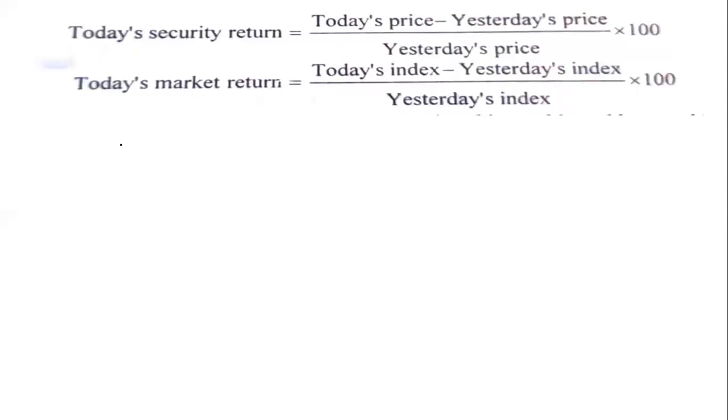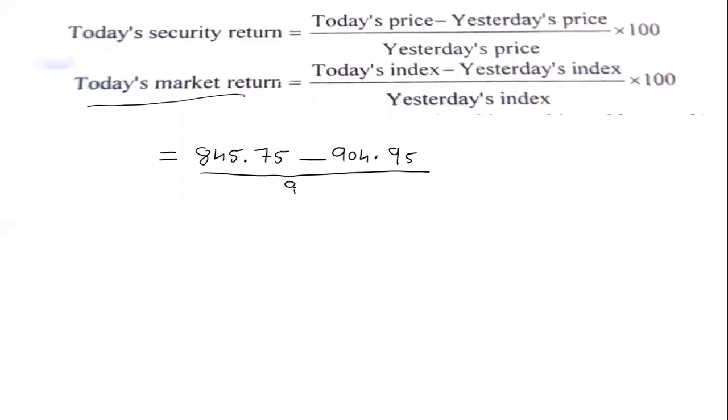So if we use the formula, first we will calculate market return. Today's market return is 845.75 minus yesterday's price, 904.95, divided by yesterday's price, 904.95, into 100.